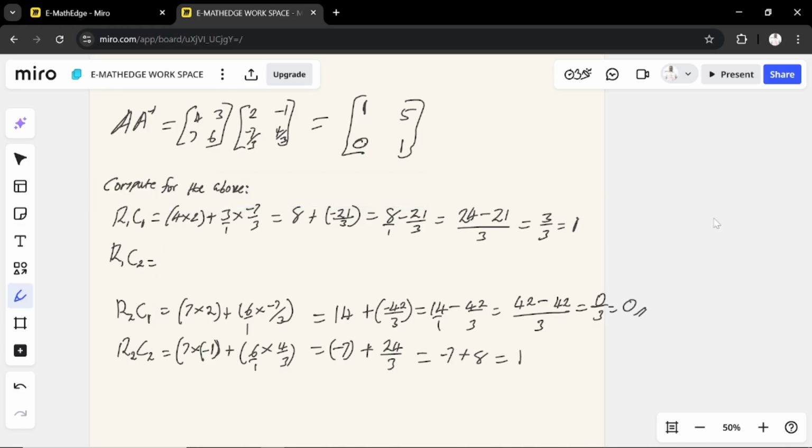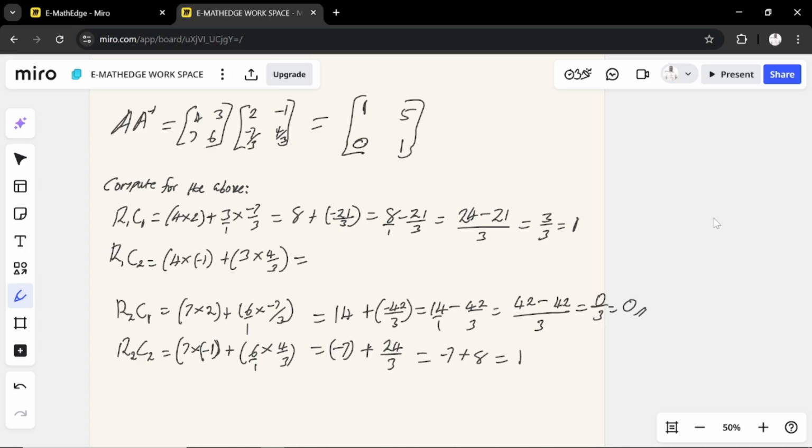So R1C2 is simply multiplying the element in the first row by the element in the second column, right? So it is going to be 4 multiplied by -1 plus 3 multiplied by 4 all over 3, right?